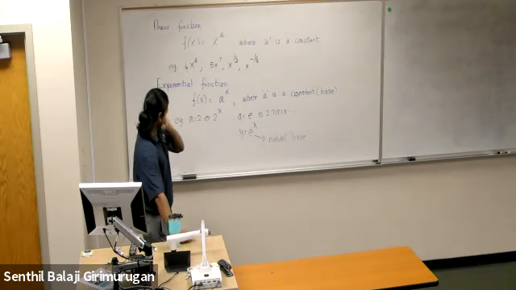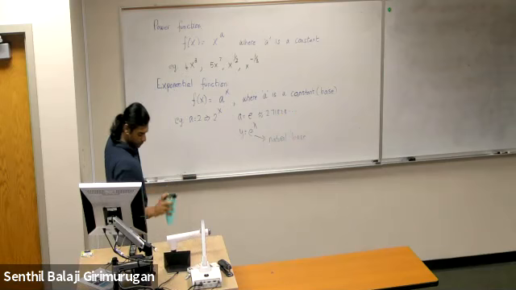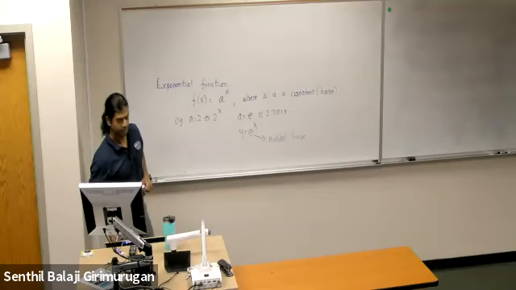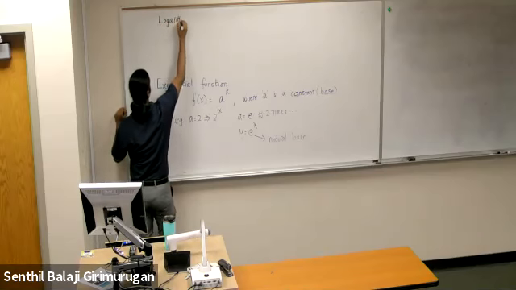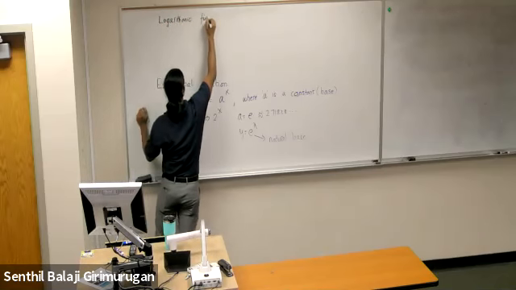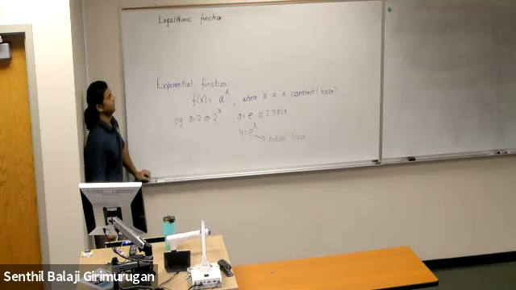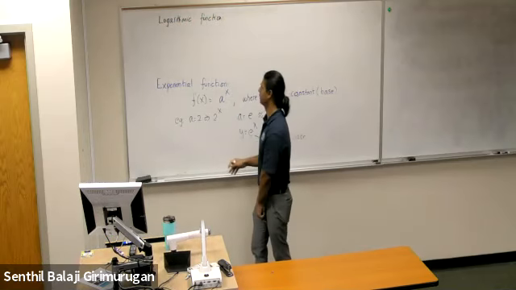We will get there. The logarithmic function is related to an exponential function. And how they are related, we'll talk about it later on when we get to exponential and logs.